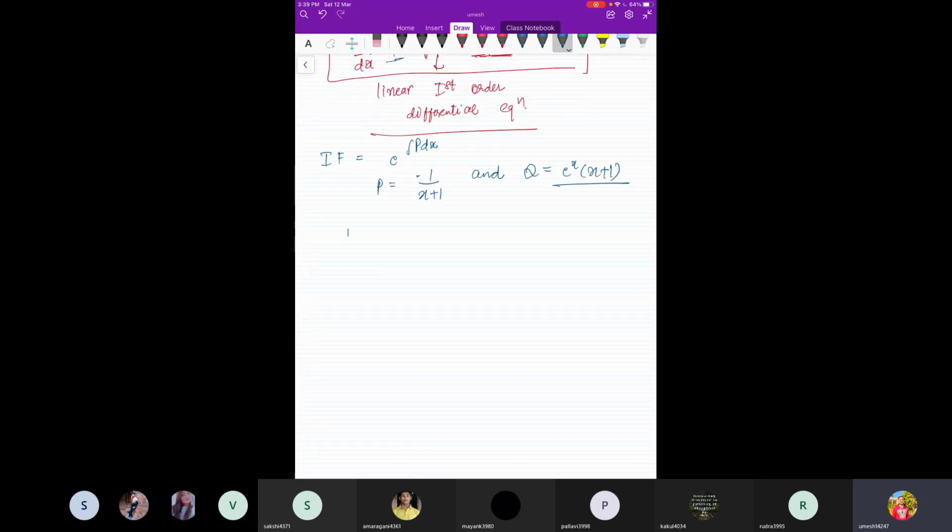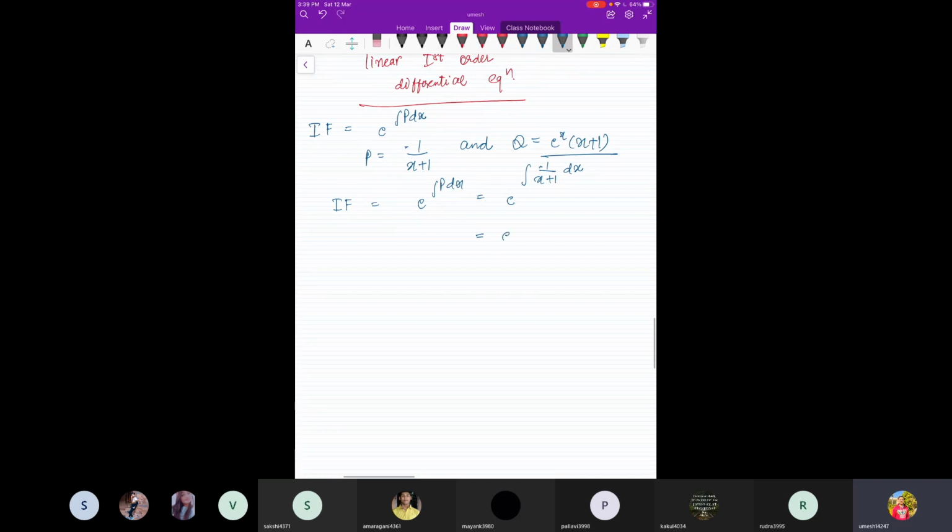We'll be calculating the integrating factor, that is e to the power integral of p dx, putting the values. What is the value of p here? Minus 1 upon x plus 1 times dx. Taking the integral, we'll get e to the power minus log of x plus 1. As told in the previous question, the integration of 1 upon x is log x.